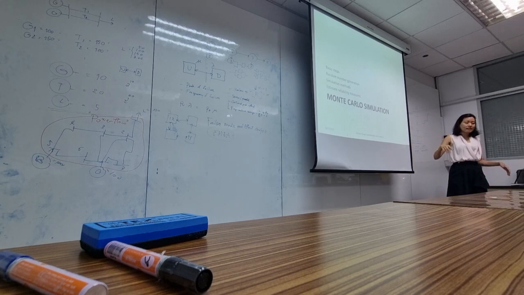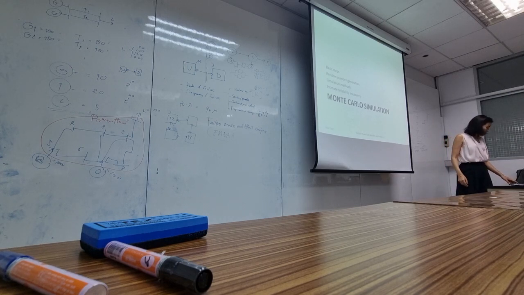But these days, computers that run the simulation can just give you a random number, so not much to worry about. Then we look at the simulation methods and how we can estimate the reliability.